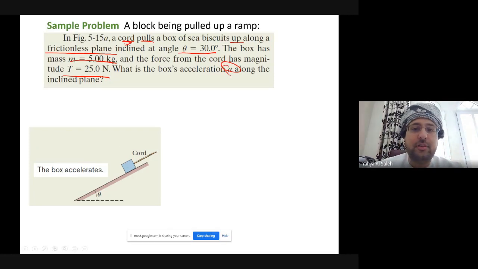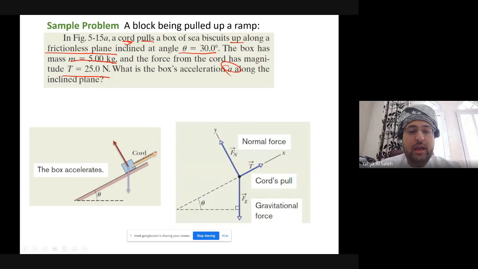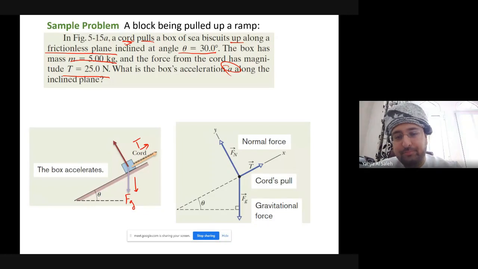First things first, what do we do? We draw a free body diagram. I have my gravitational force, which is always down. I have the tension of the cord, which is in this direction. And I have my normal force here. What other types of forces do I have?